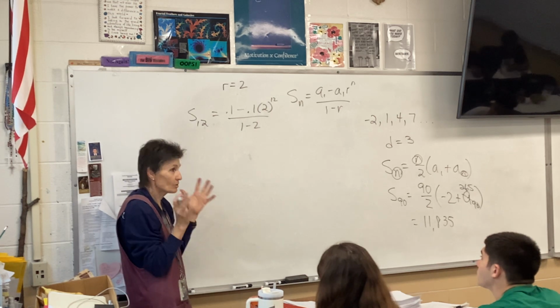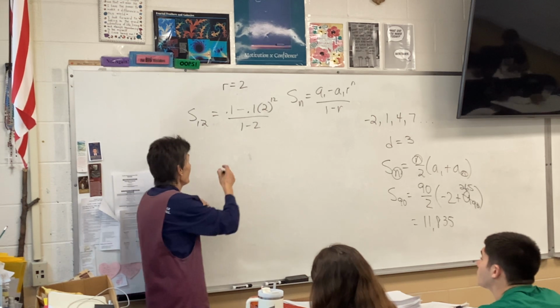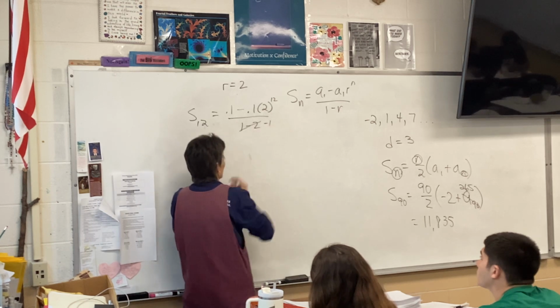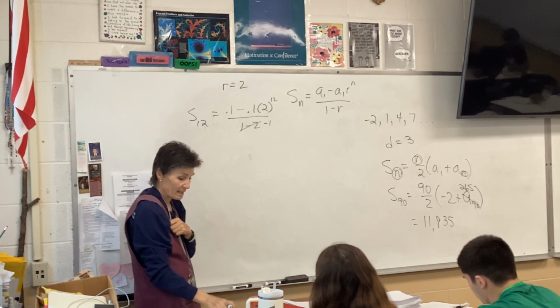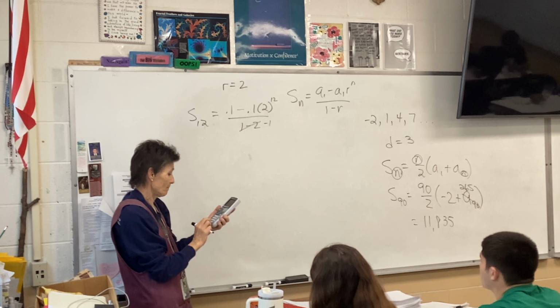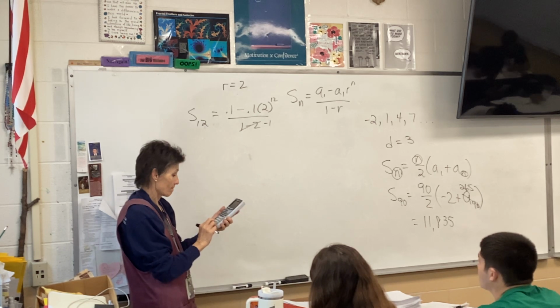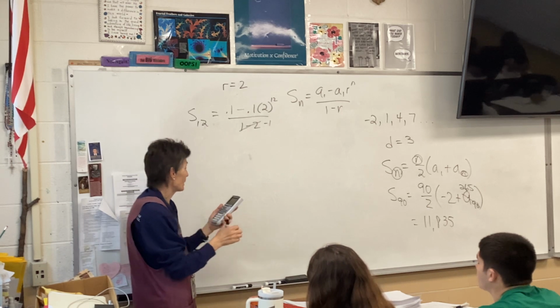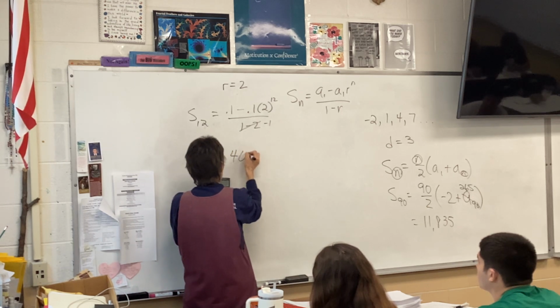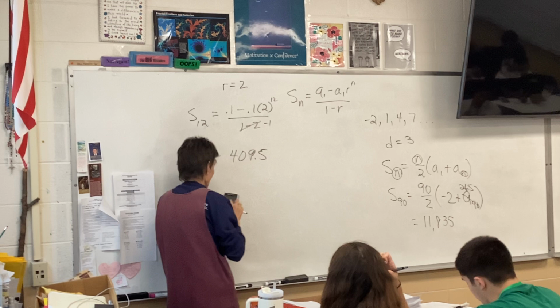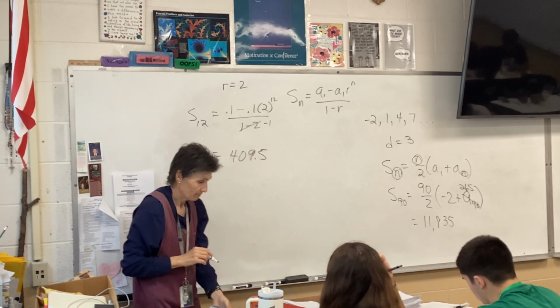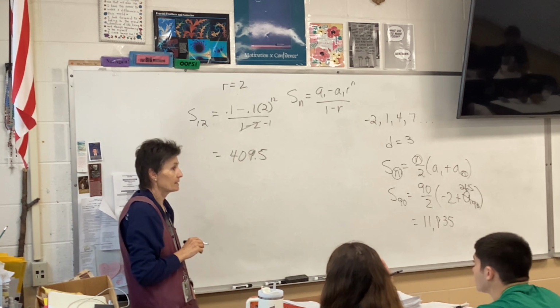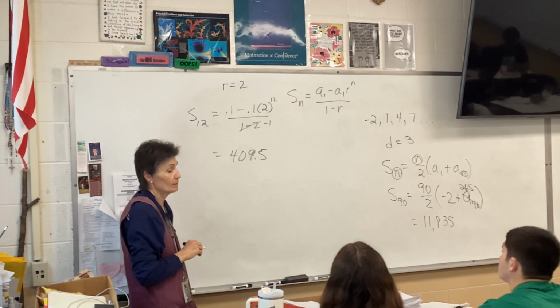Awesome, we're just going to type it in. I would make this a -1 right off the bat, just to make it easier for myself to type in. $409.5, how does that look? I can definitely double check it. That's good.